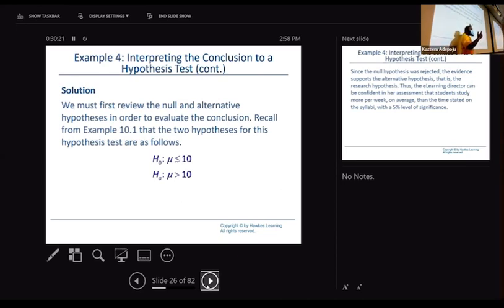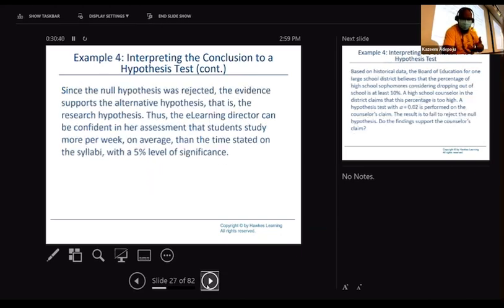Rejecting the null means you are in favor of the alternative. What does that mean? Oh my God, the director's claim is right. That is the meaning. It means the decision you took is in support of the director's claim. Does that make sense to everyone? That is what it means, and that was what I put here. The director will be confident and say, I told you. That's what the director is going to say.